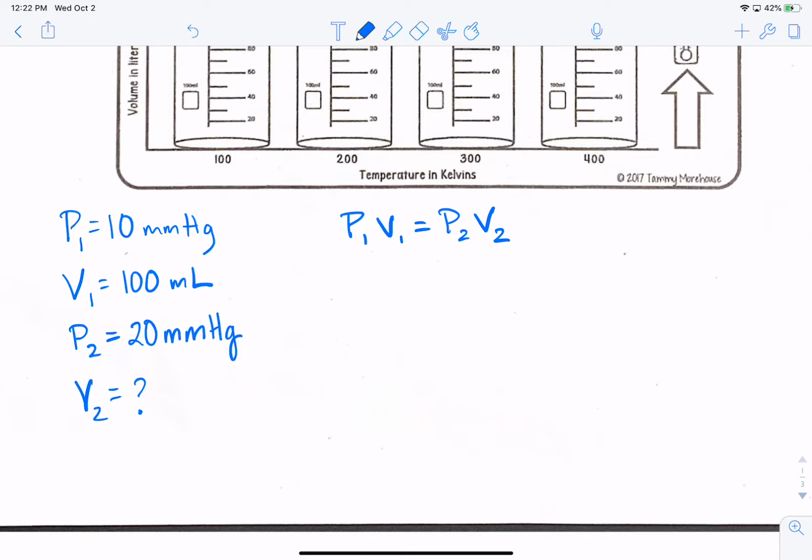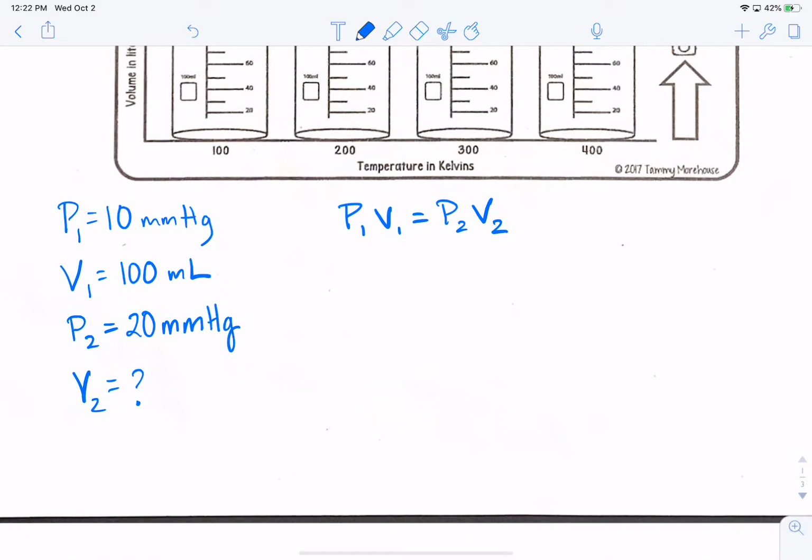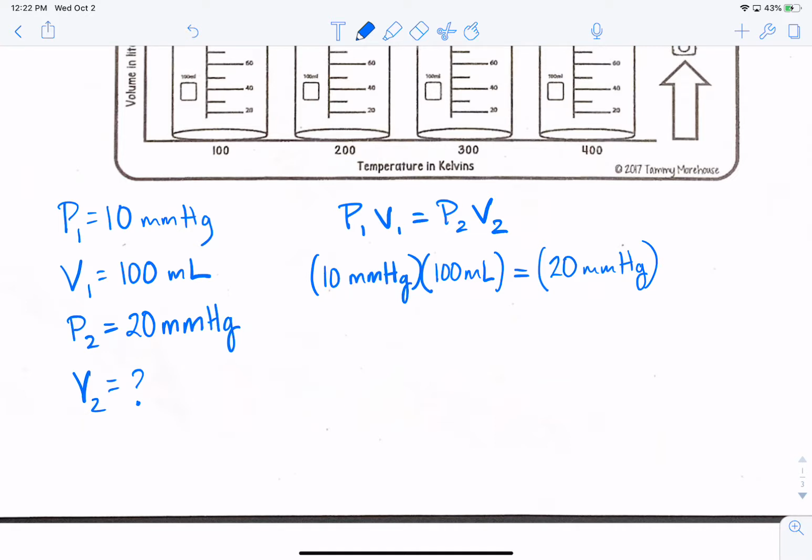You can overuse parentheses, it's fine. So P1 is 10, and we always use our units, millimeters mercury, times volume 1, 100 milliliters, equals our pressure 2, which is 20 millimeters mercury, times, that's what we're looking for, a new volume.